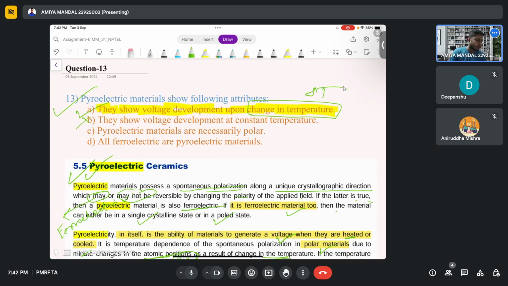Pyroelectric materials are necessarily polar, and all ferroelectrics are pyroelectric materials. So these two are also correct.